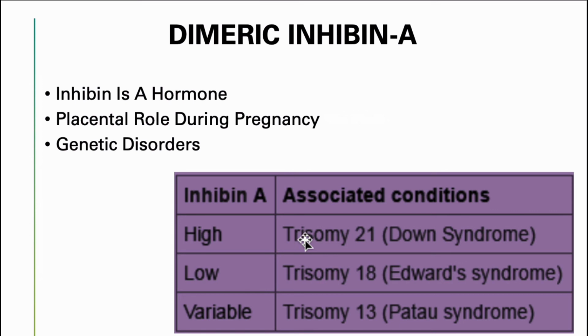What this will tell you is, one of the things, if the child has Down syndrome. So it's a very good indicator of Down syndrome, trisomy 21. In addition to that, it can also be indicative of trisomy 18 as well as trisomy 13. So this is what this test is done for.